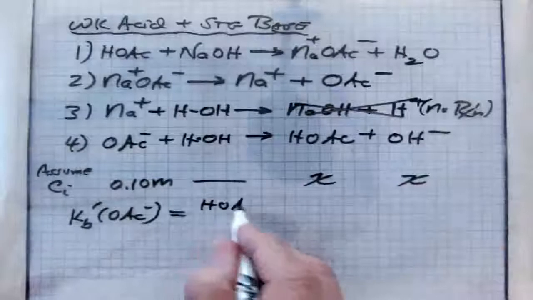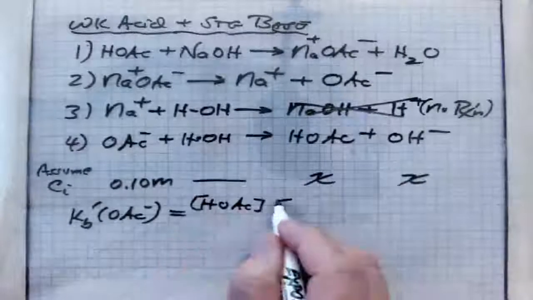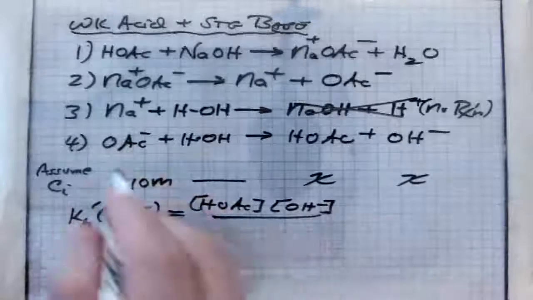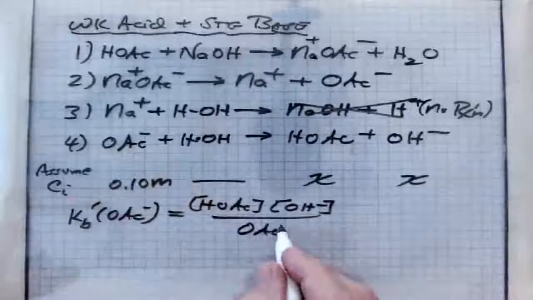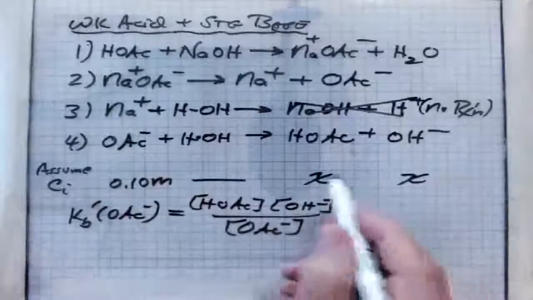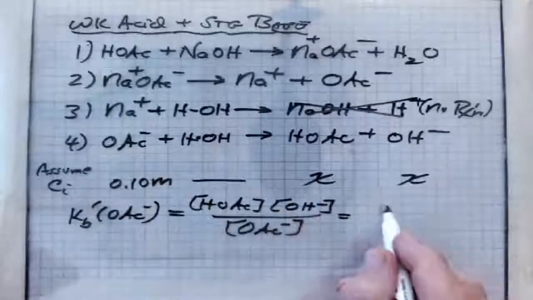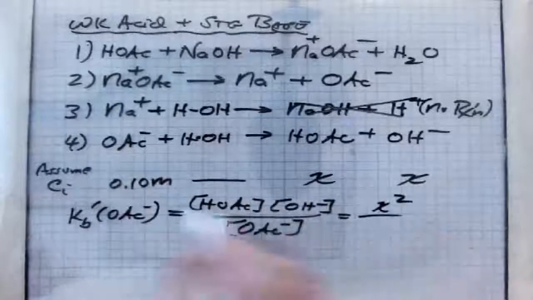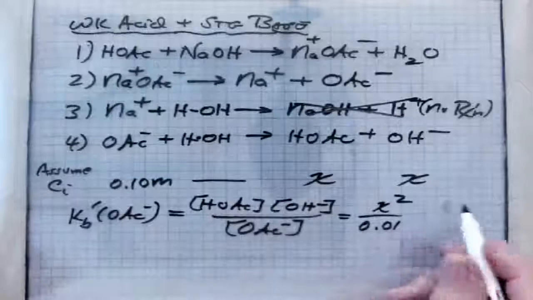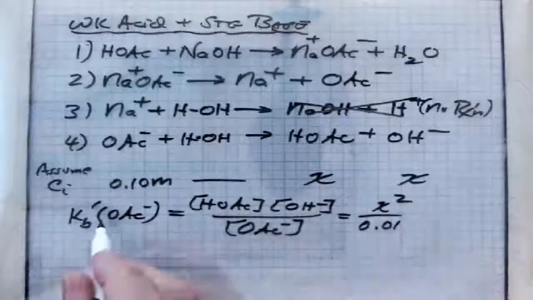And that A is for the acid that's generated when the anion reacts with the water. So this is acetic acid, and Ka for acetic acid is 1.85 times 10 to the minus 5. And so we put that into here and then solve for the X.